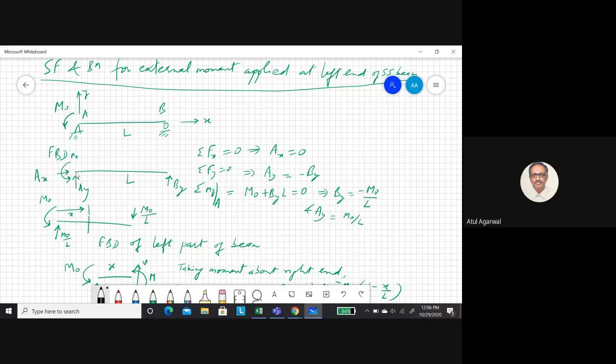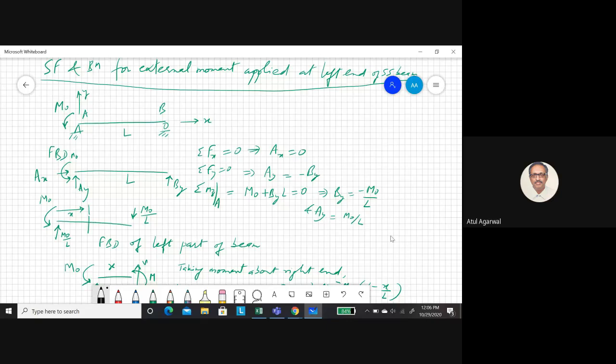Then you take moments about position A. This M0 is the external moment, counterclockwise, so it will stay as such. By is causing, sorry, it is also causing a counterclockwise moment. So plus By into L. These two are 0, so you get By is equal to this, and from here you get Ay is equal to this.